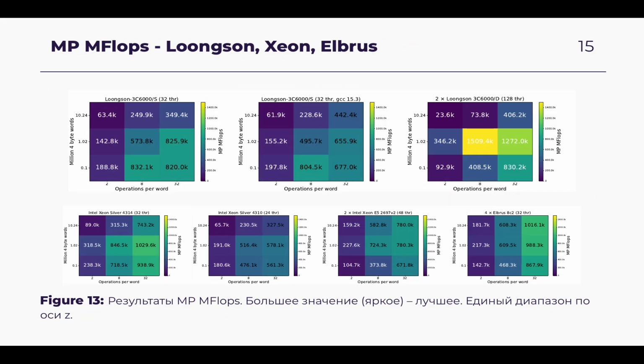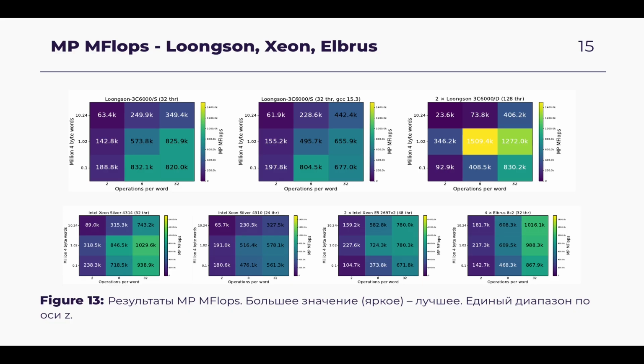And the next benchmark is NPmFlops, a multi-threaded benchmark. And there you see some performance for different numbers of 4-byte words and operations per word.